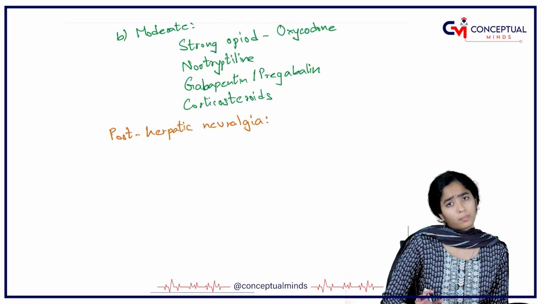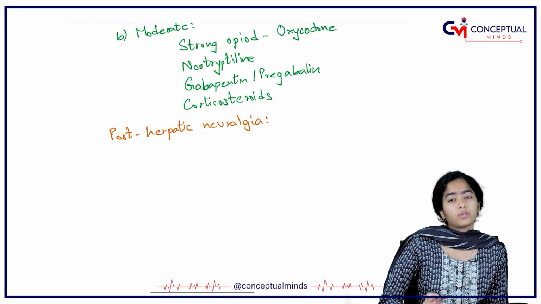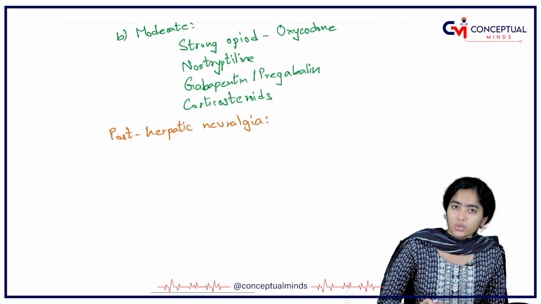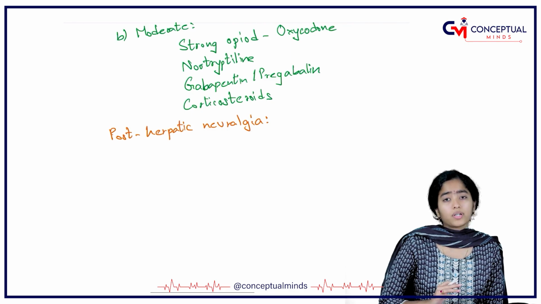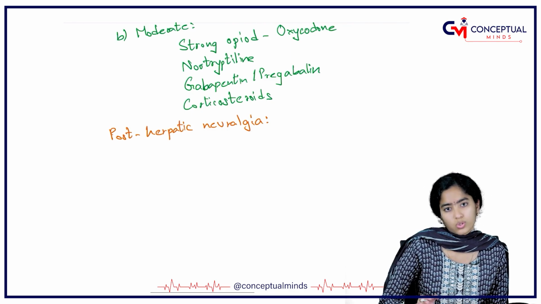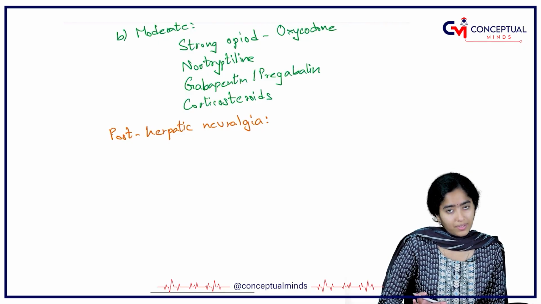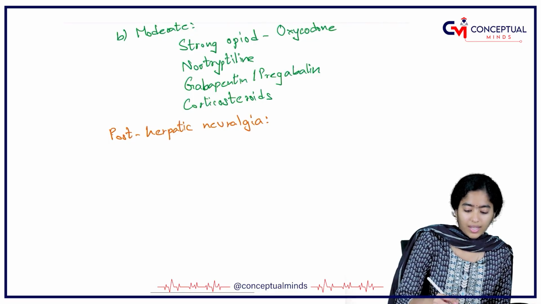And this is the most common complication that occurs in people who are aged, in people who are more than 50 years of age. This complication usually arises in them, and this pain will at least persist for 3 months, but it can go on for months to years also. And it can be mild, or sometimes it can be very severe. Usually it is a burning, stabbing type of pruritic pain.